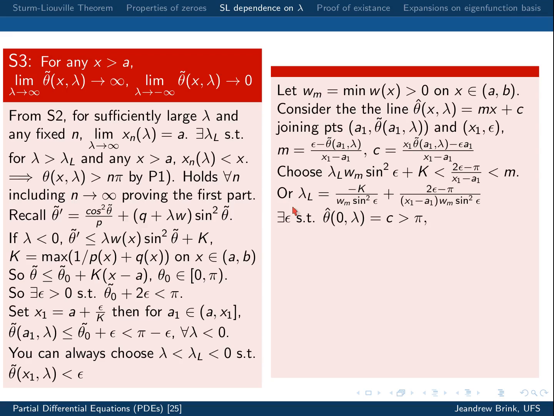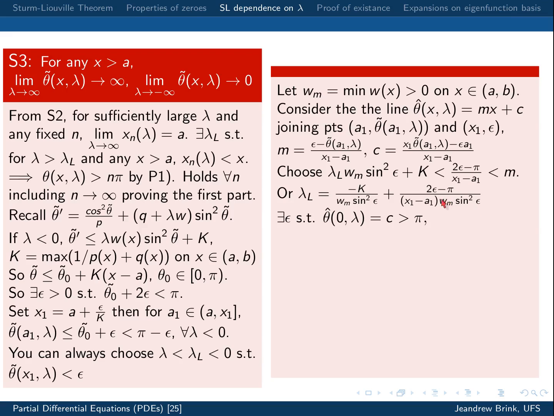So choose your epsilon very small, and then choose your L so that lambda L is equal to this function, which we've derived from the M that we know in terms of epsilon and these other things, which is sine of epsilon, lambda Wm, etc.